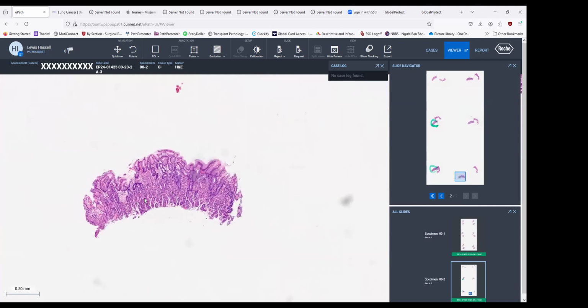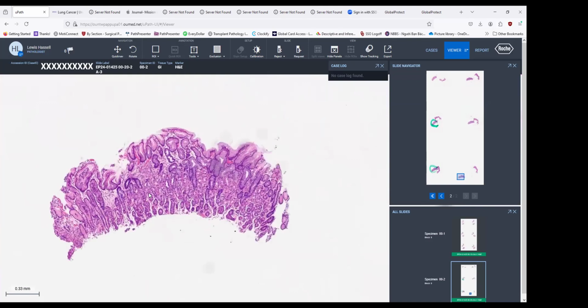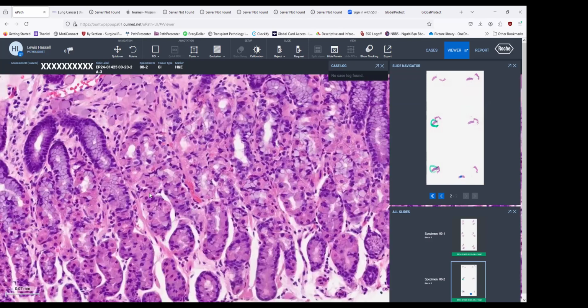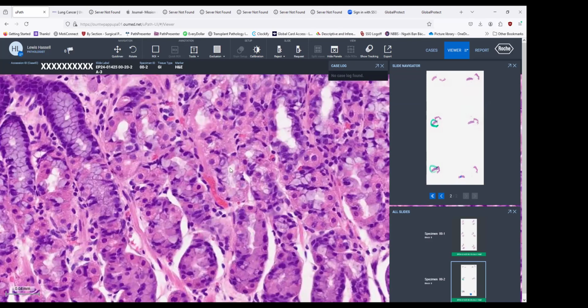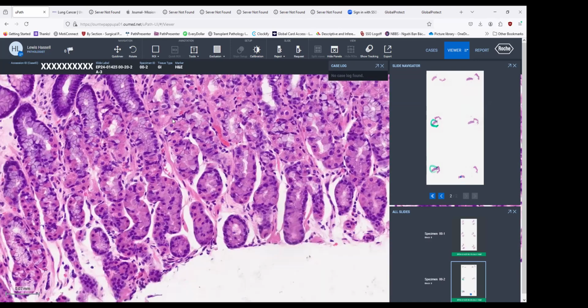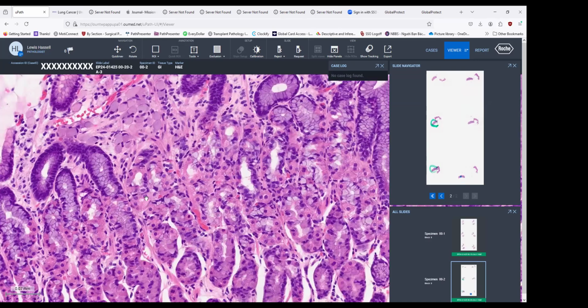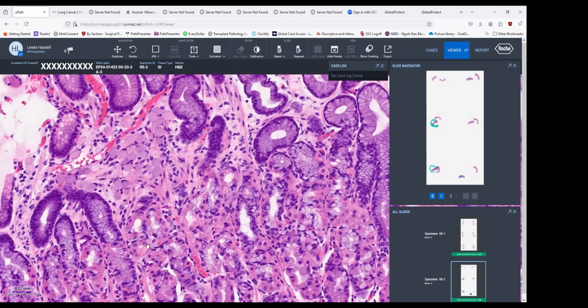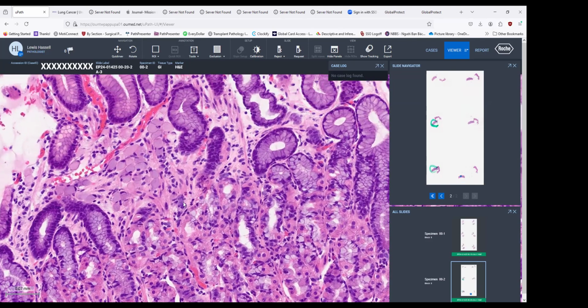Usually I come to high magnification for a couple of reasons. So I'll come down and check to see are there any eosinophils, because I know I can't pick those out really well at low magnification, and I don't see any here. And then I just look to see is there anything else. I don't spend a lot of time at high magnification, but this is a case that sobers me significantly in that regard, because as you see here, there's something that doesn't belong.